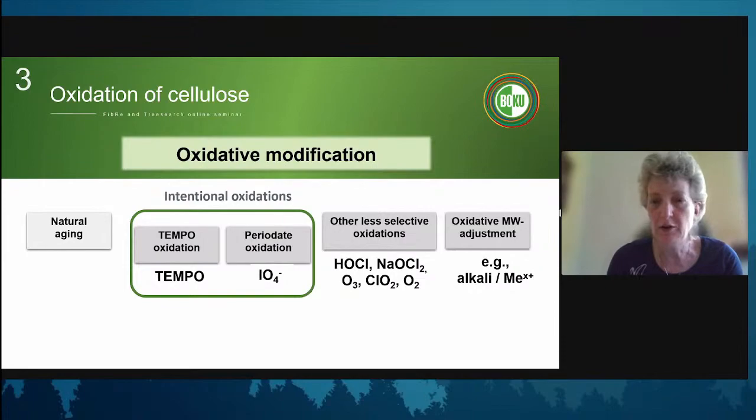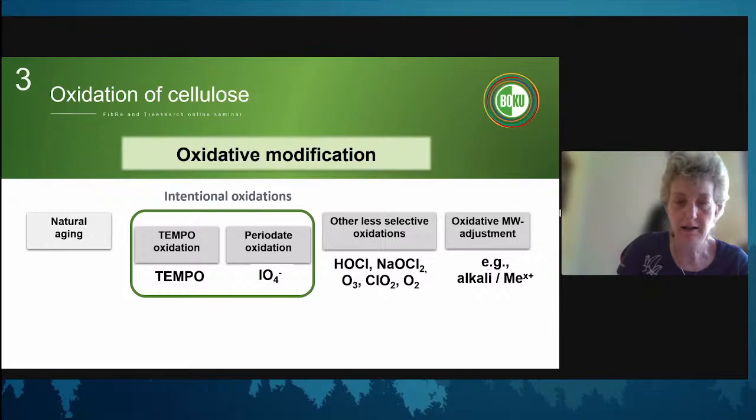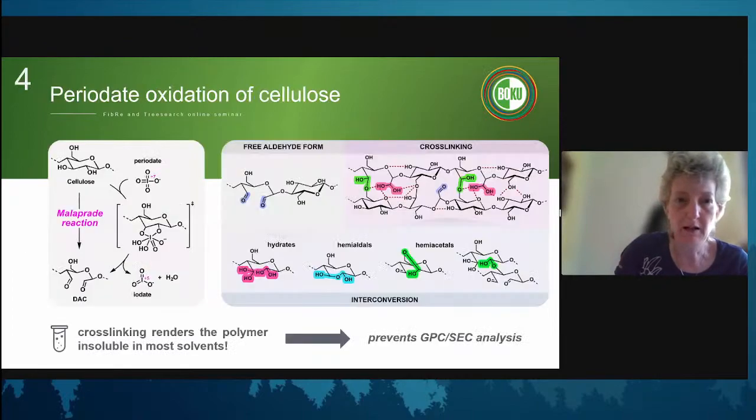Along with that, usually we have some oxidative damage of our cellulose. And then we have those which happen intentionally. One example is here all the way to the right, this molar mass adjustment as we have in the rayon process. It's also called aging, but it's a different aging where we use an aging to adjust the molar mass of a cellulose. And then, of course, we have the real chemical modification. Here we have as the major examples TEMPO oxidation and periodate oxidation. And this is what I will mainly cover.